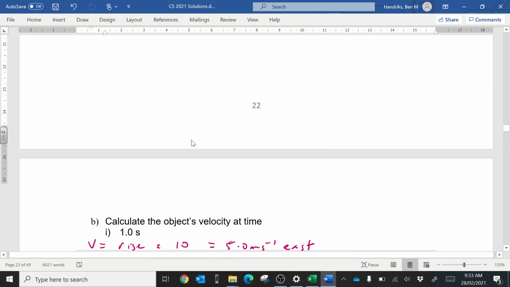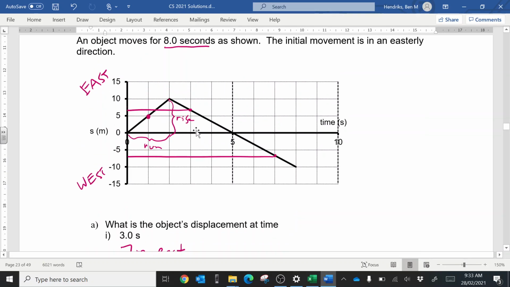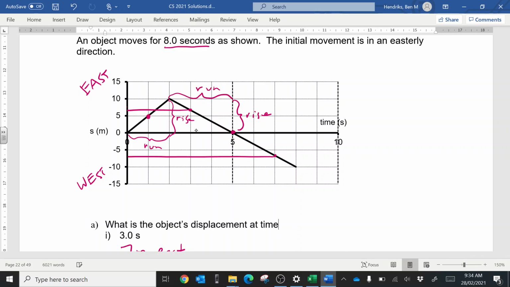At 5 seconds, 5 seconds here. Because this straight line is all the way along here, I'm going to use this point as our rise, and this is going to be our run. So we're going from a positive 10 to 0.